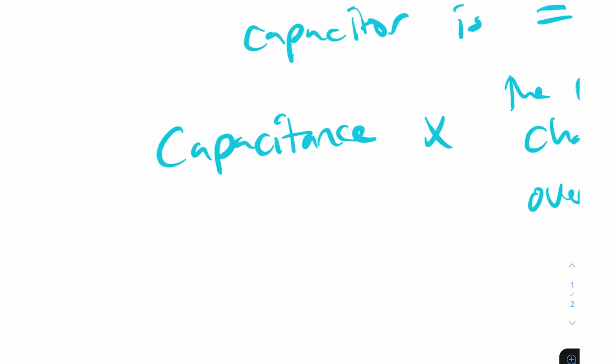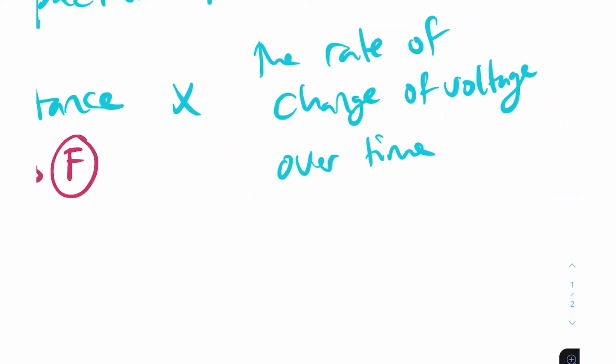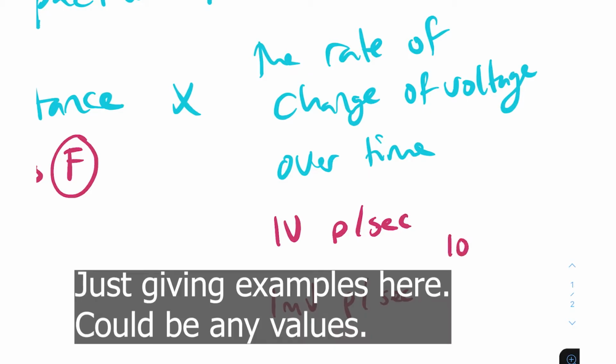Capacitance is measured in farads, so it's the F symbol. The rate of change of voltage refers to, for example, the voltage being applied going up by 1 volt per second, or by 1 millivolt per second, or by 10 millivolts per millisecond.